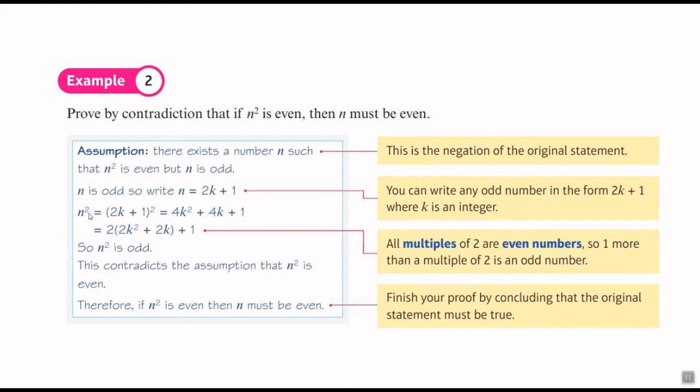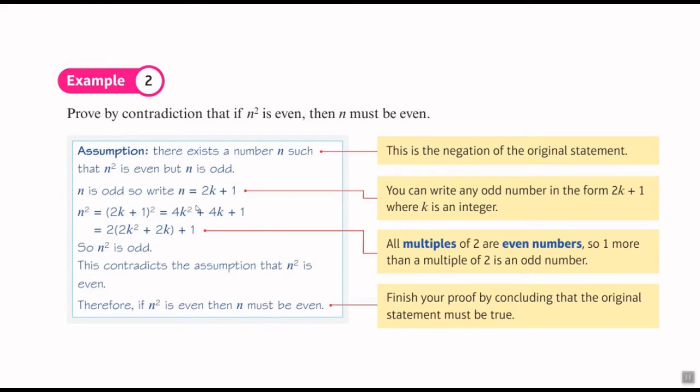Then we take n squared, so we need to square both sides: (2k plus 1) squared. Using (a plus b) squared: first term squared, 2 times first term times second term, and last term squared. So we get 4k squared plus 4k plus 1.